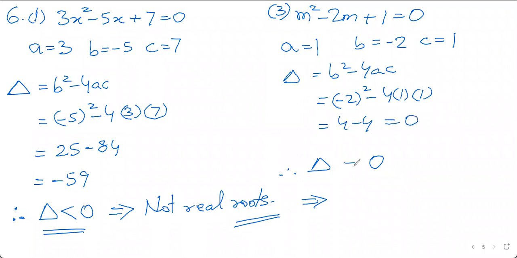That is delta equals 0. That means real and equal roots, because the discriminant is equal to 0.